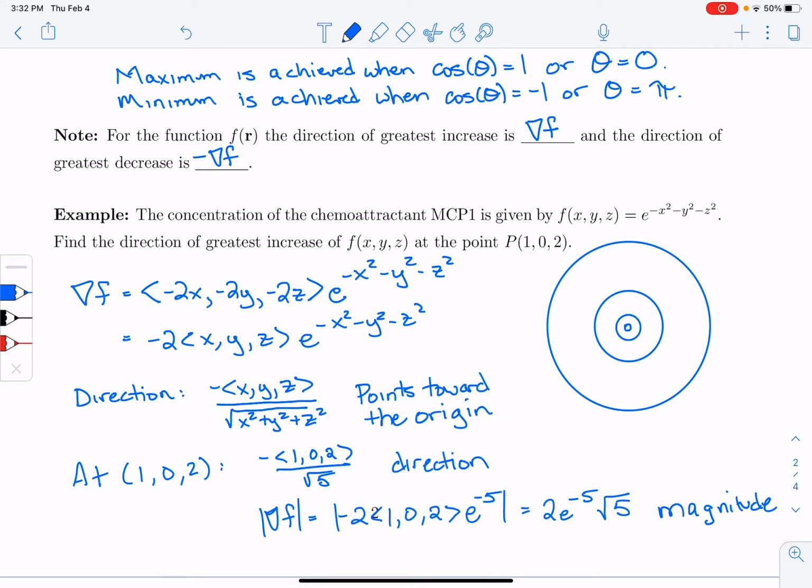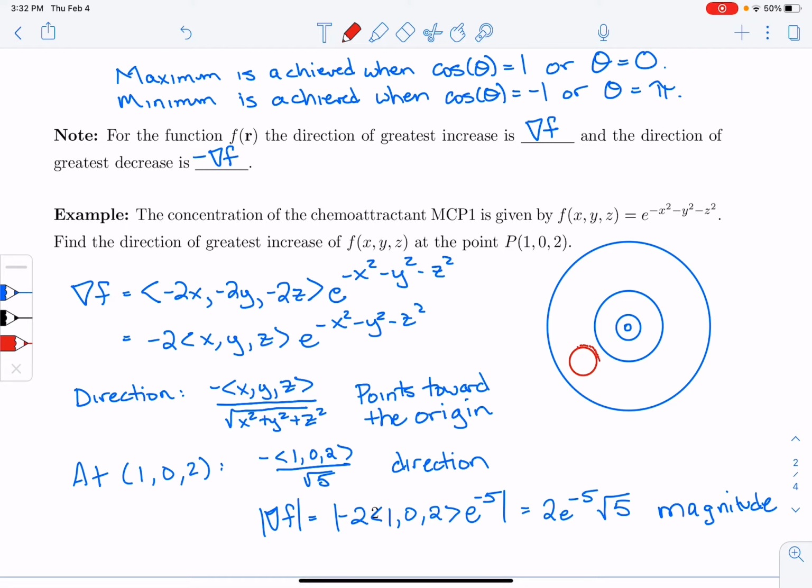So what's really going on here? Well, we have this function, e to the minus x squared minus y squared minus z squared. That's giving the concentration of this chemoattractant. An immune cell in your body is going to be sitting in that concentration of the chemoattractant, and it's going to have little sensors that go around its surface.